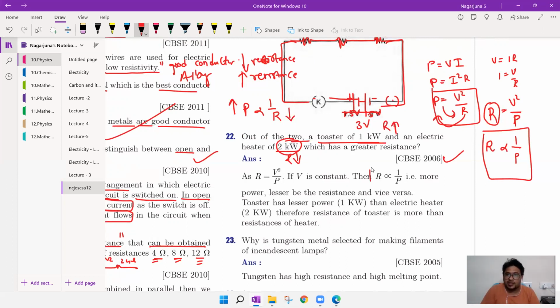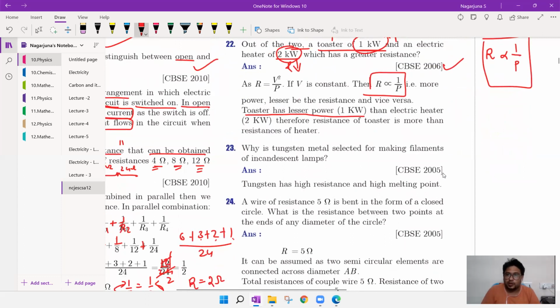So we know R is inversely proportional to P. So more power, lesser resistance, and vice versa. So the toaster has lesser power, 1 kW, than the electric heater, 2 kW. Therefore, the resistance of the toaster is more than the heater. Like that we can write the answer.